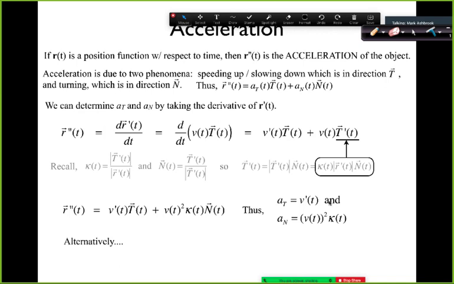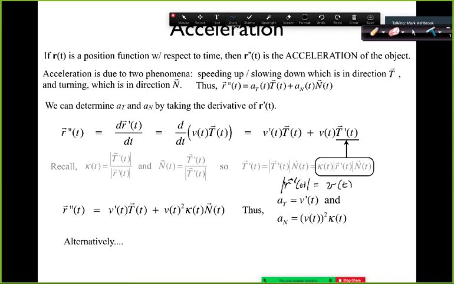So here are the formulas. For the tangential acceleration, this is a scalar now, not a vector. It's the derivative of the speed function. The speed is the magnitude of the velocity, and that's what I'm calling v of t, not a vector function, just speed.